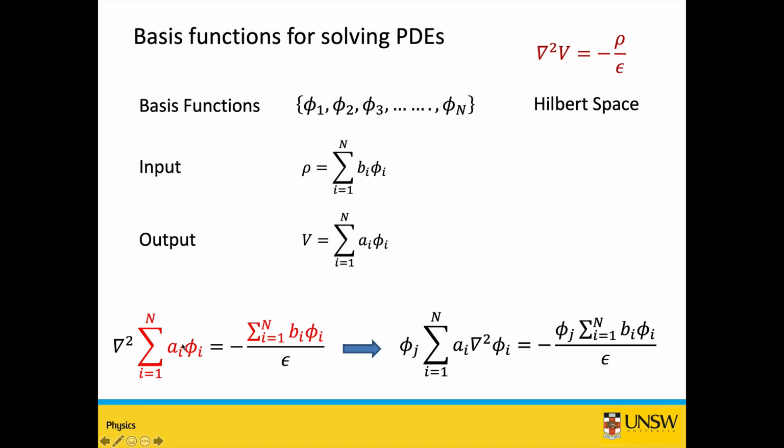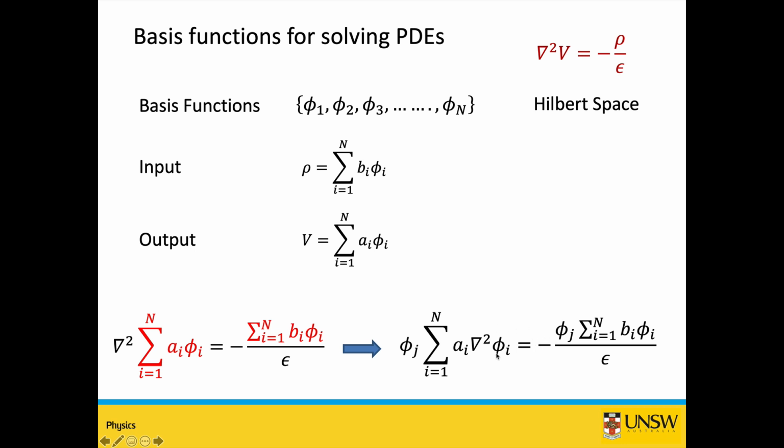Now you can multiply both sides of this equation with one of the basis functions from your set, basically. So let us choose phi j. j can be anything from 1 to n here. Now your equation is modified like this.